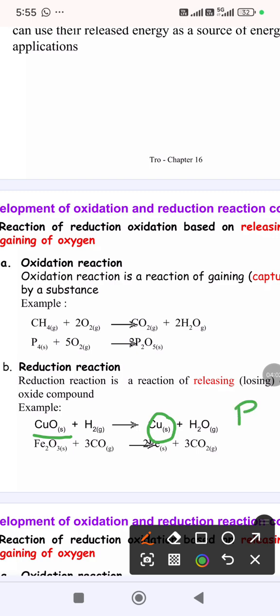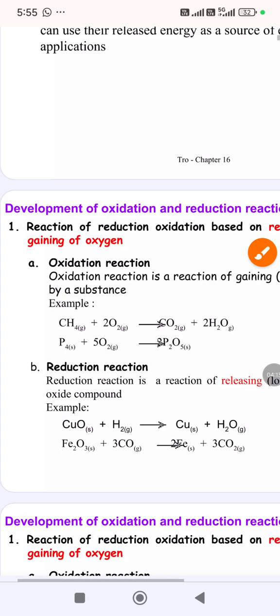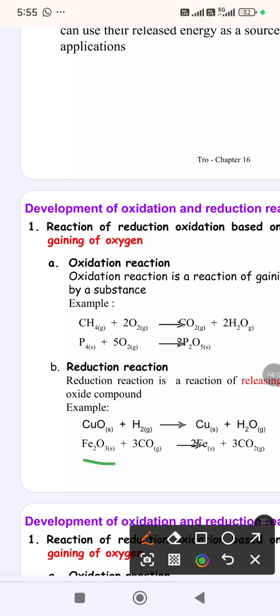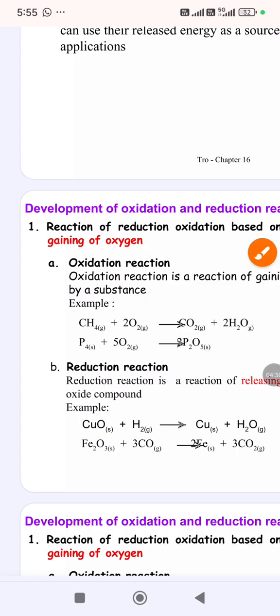This is a reduction reaction. Similarly, Fe2O3 is changed to iron. Fe2O3 is losing its oxygen and changing to Fe. After losing its oxygen, we can call this a reduction reaction.